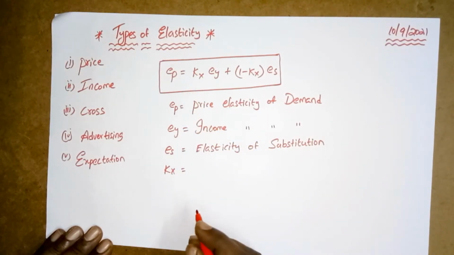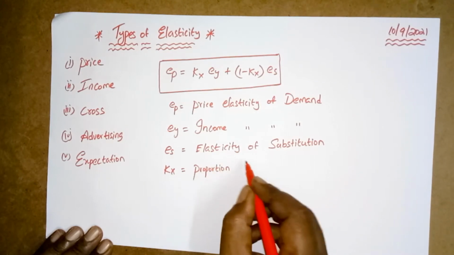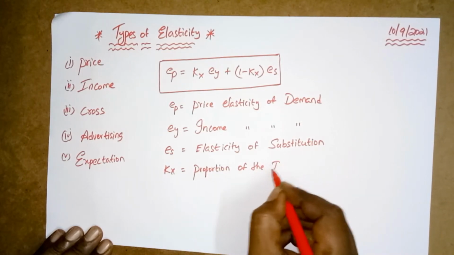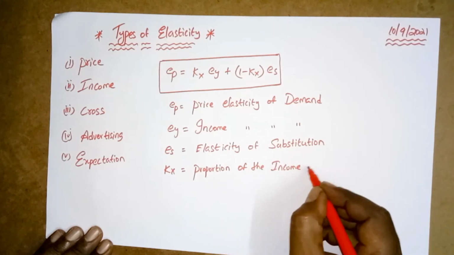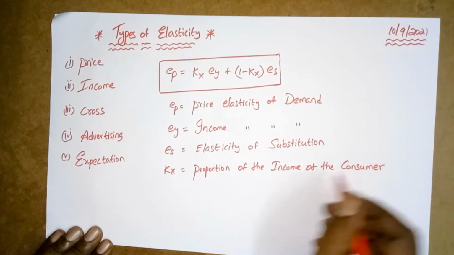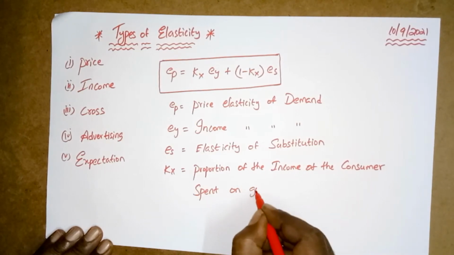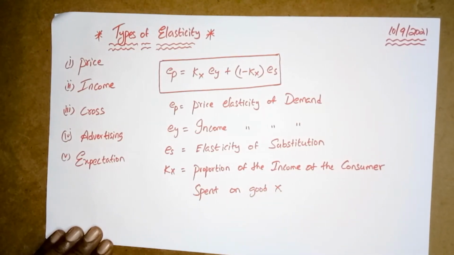KX is the proportion of the income of the consumer spent on good X. This equation expressing the relationship between the three elasticities holds good in all situations.